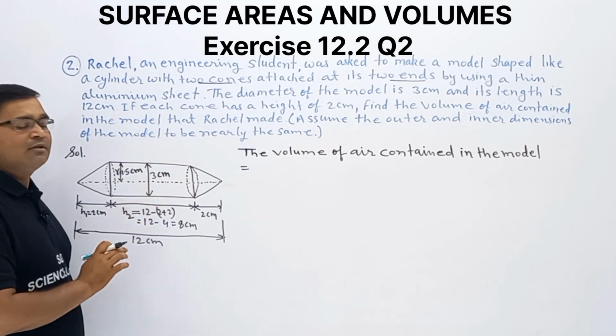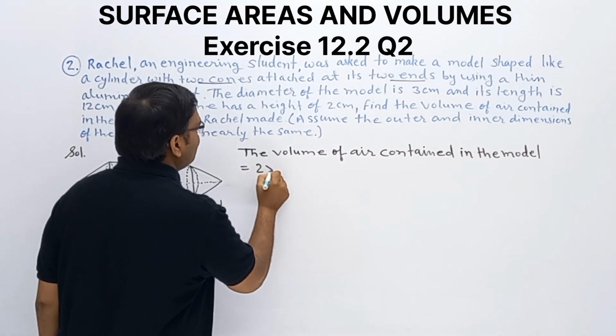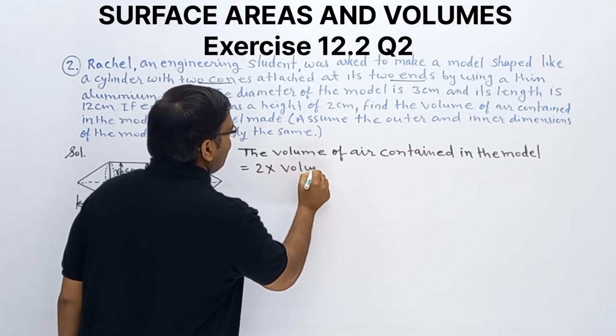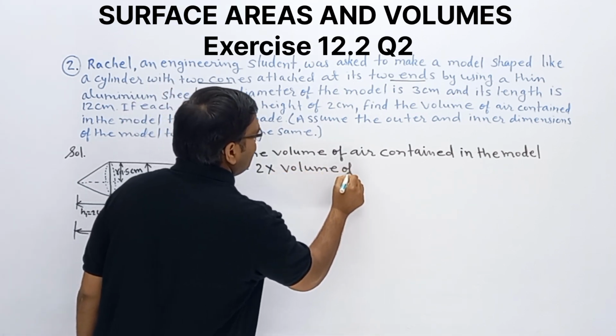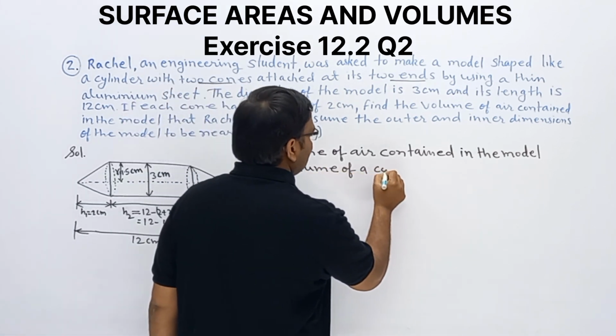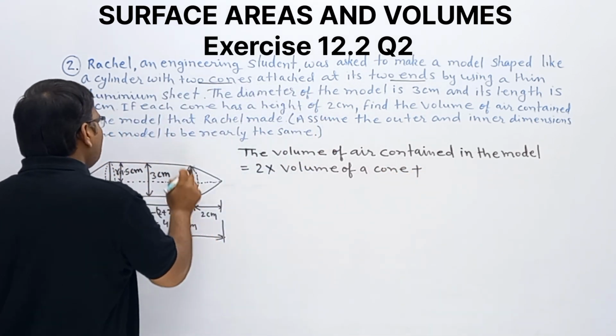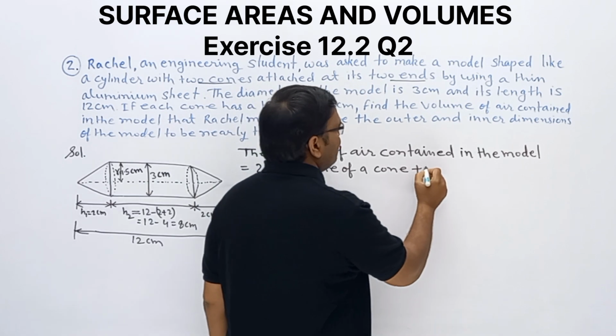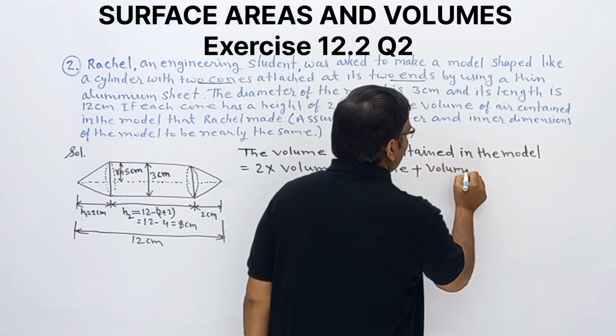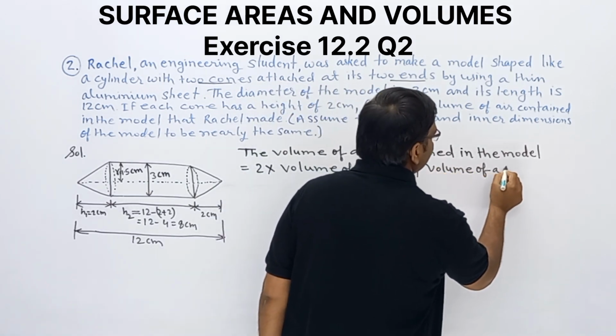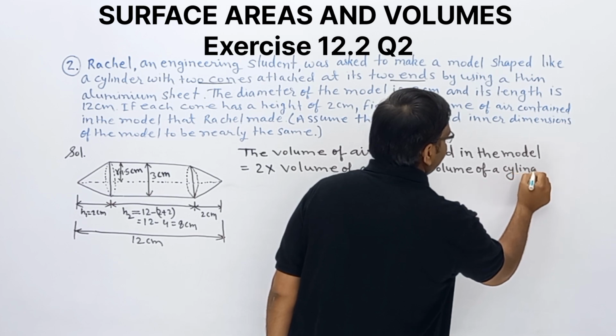Both cones are similar. So we will write 2 times the volume of a cone, plus one shape is a cylinder, plus the volume of a cylinder.